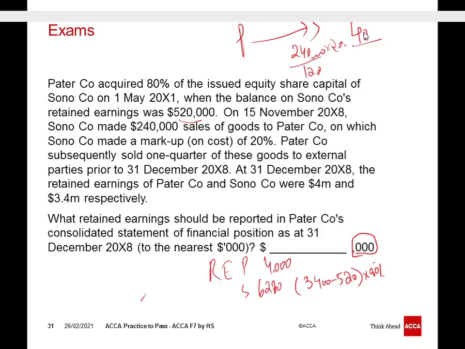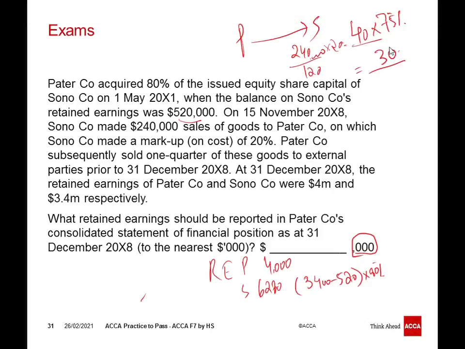And the Petter subsequently sold one quarter of these goods. So there will be 3/4 left. 3/4 means 75% left in the warehouse. So the unrealized profit will be 30.